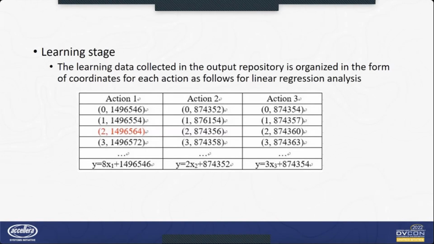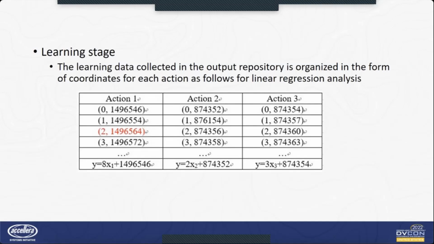The part to pay attention to is the item marked in red among the coordinates of action 1. This is the result where the simulation timestamp value is different from expected and the linearity is broken. This is a situation that can occur sufficiently depending on IP operation and the system conditions.